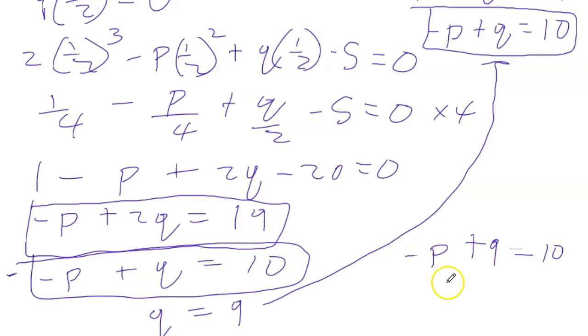I can do some little rearranging now, so bring negative p over here as positive p, bring a 10 over here, it's 9 minus 10, which is negative 1, so negative 1 equal to p. So our solution, q is 9 and p is negative 1.